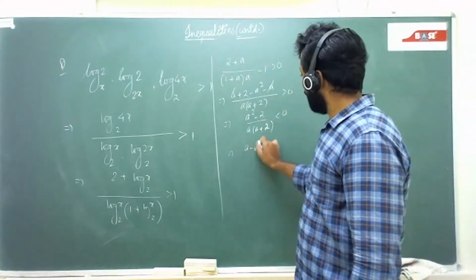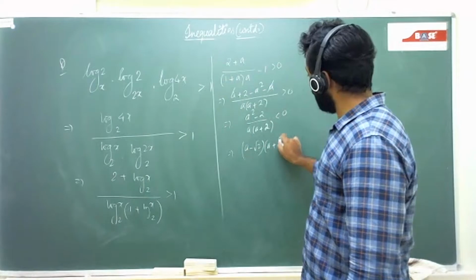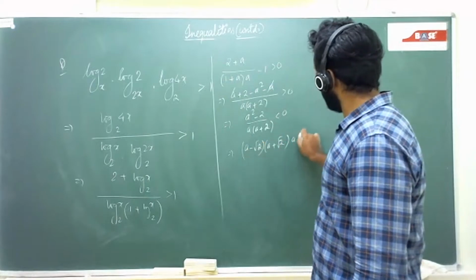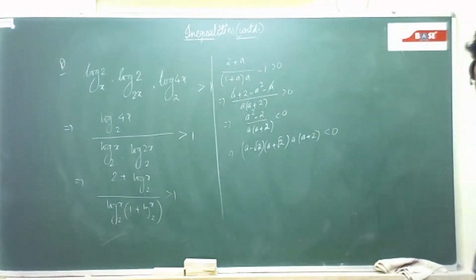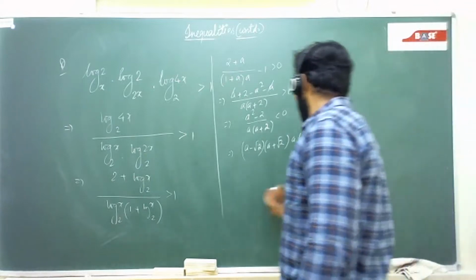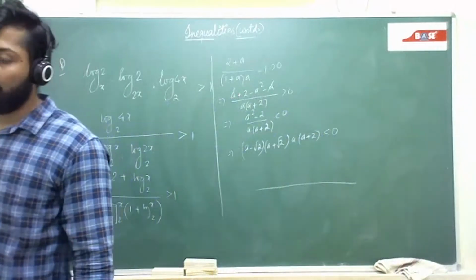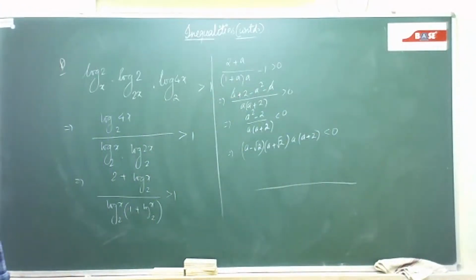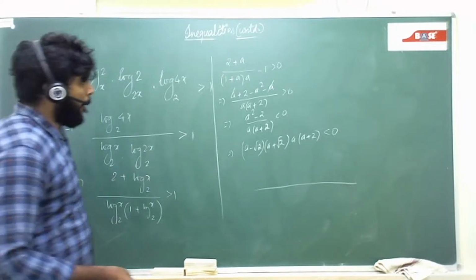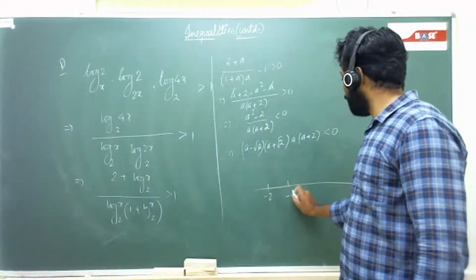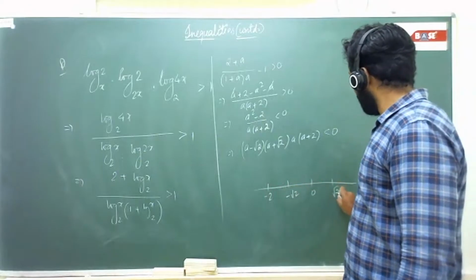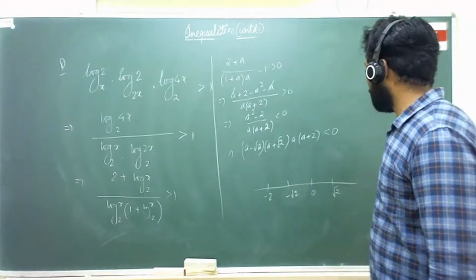Wavy curve after that. (a minus root 2) into (a plus root 2) into (a plus 2), that is less than 0. Wavy curve we are doing here. We'll draw the number line. Again the same thing as per wavy curve we know. The points we have are minus 2, minus root 2, 0, root 2. That's what we got.